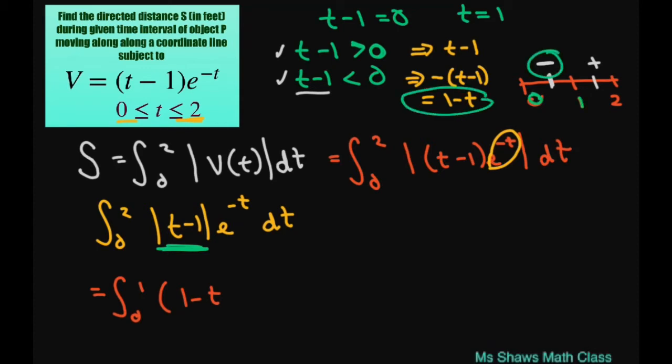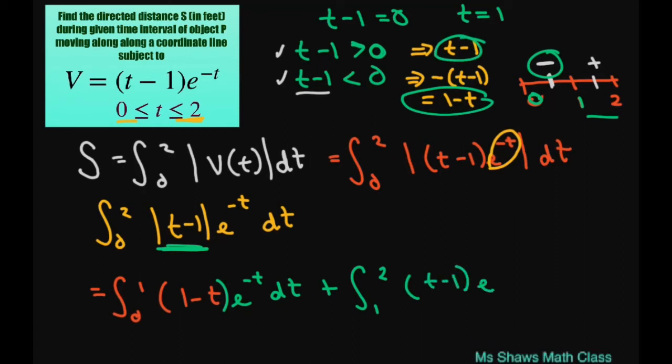Then add the second interval from 1 to 2, which is positive, so you use t minus 1 times e to the power of negative t dt. Then we can integrate.